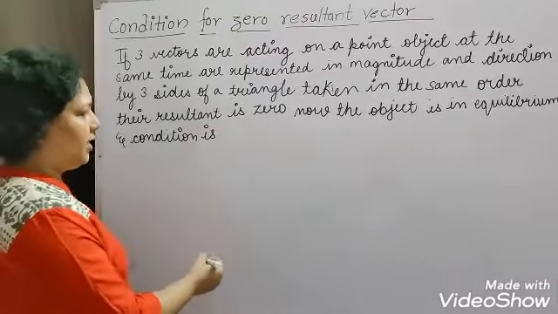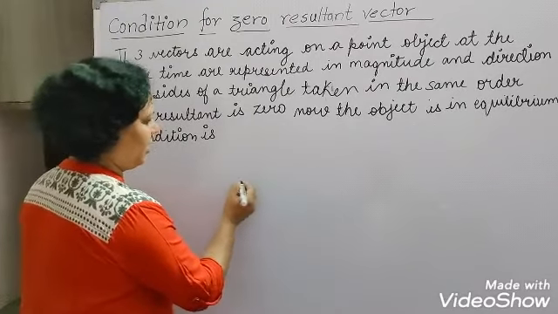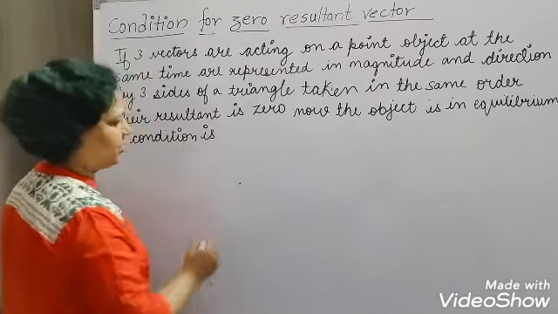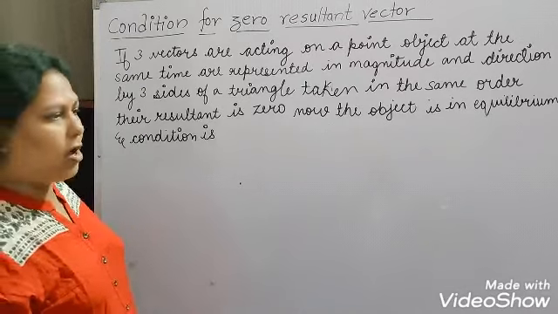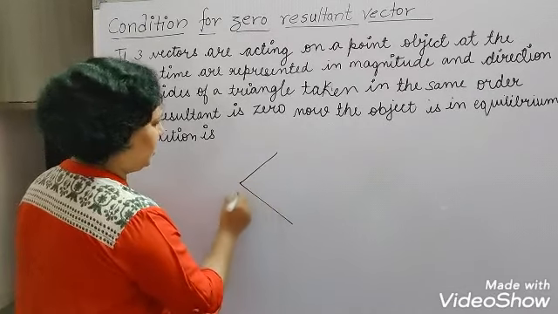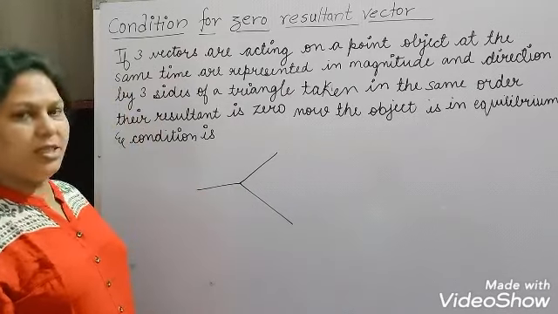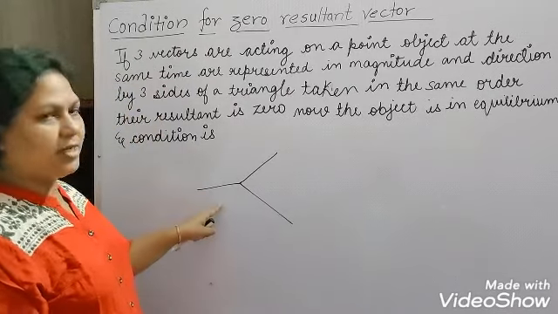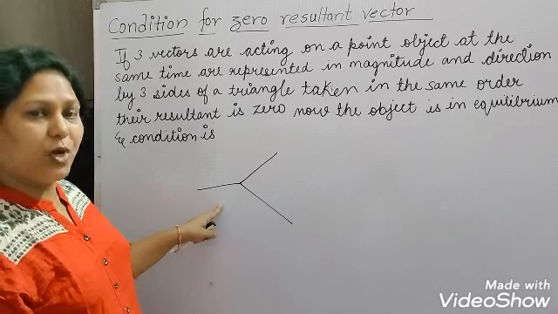It is said that if three vectors are working at a point in such a way that these three vectors can be represented by a triangle.